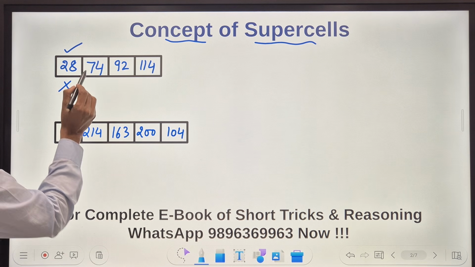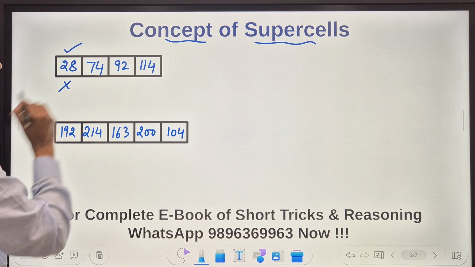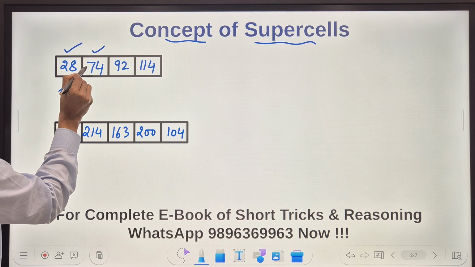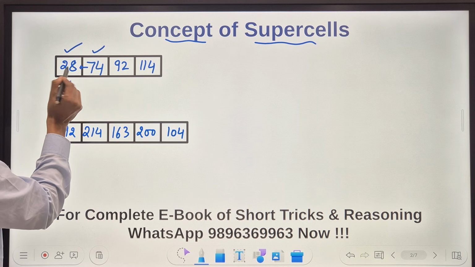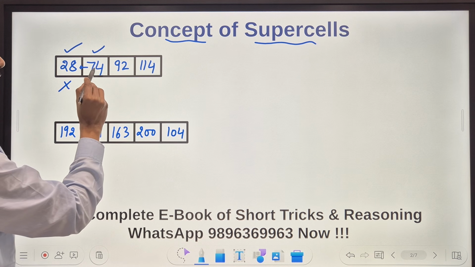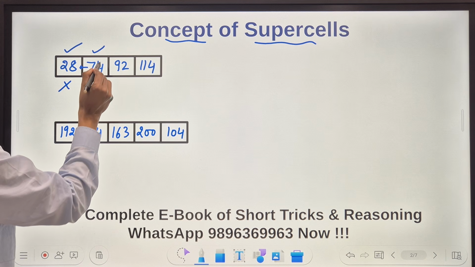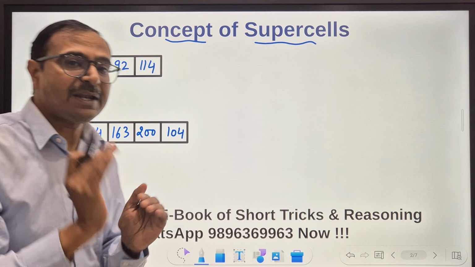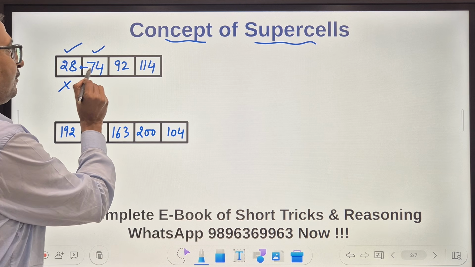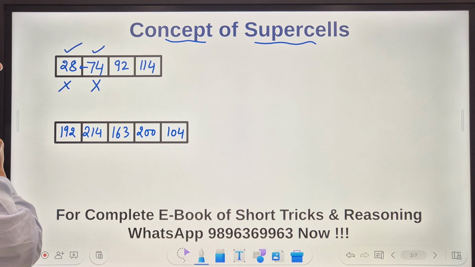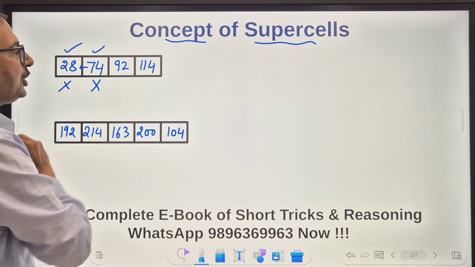Likewise, if I consider 74, let us check this. On the left hand side, the neighbor is 28, which is smaller than 74, and on the right hand side, the neighbor is 92, which is greater. So even if one neighbor is greater, that cell will not be a supercell. Let's try 92.